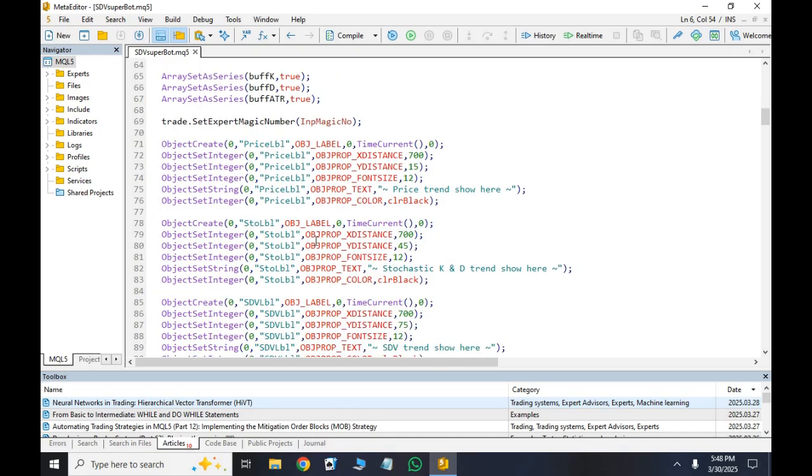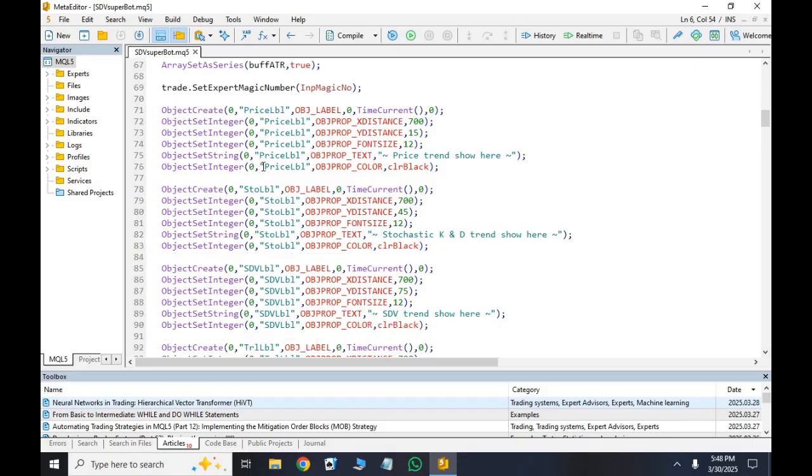And here are our label objects. First, the price label, with x distance 700 and y distance 15. That means where this label is shown: x distance 700, that means the corner of our trading panel.